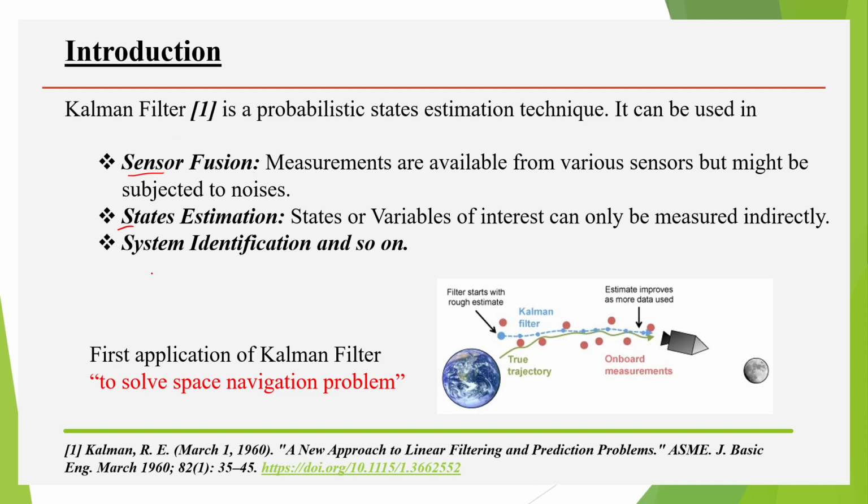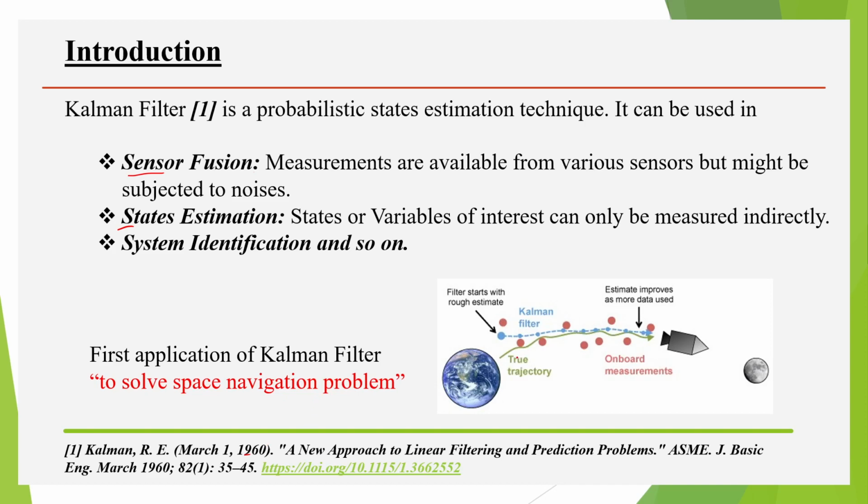And interestingly, the first application of Kalman filter was actually to solve the space navigation problem. Kalman filter is named after Rudolf Kalman, who introduced this approach in 1960, and the first application was for the Apollo project in 1961.